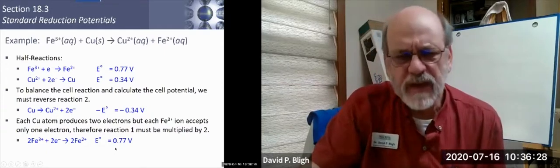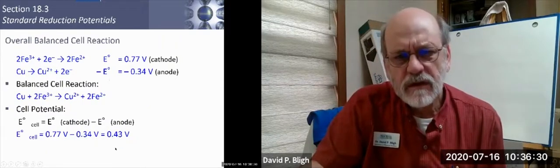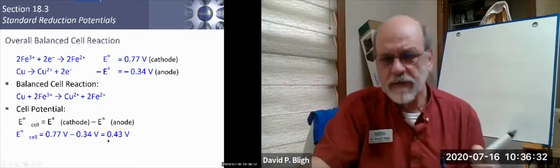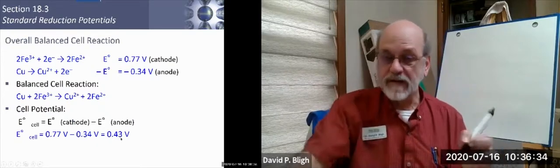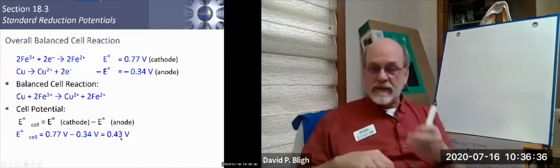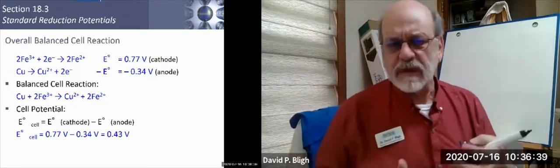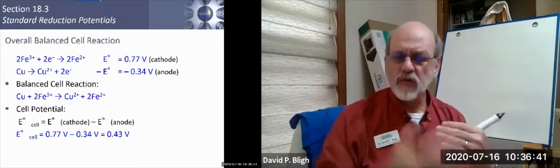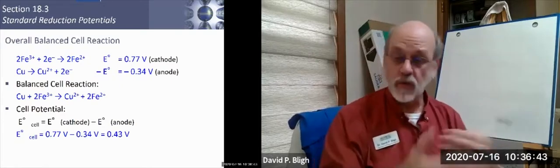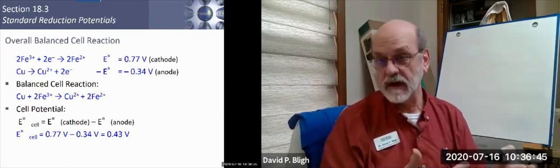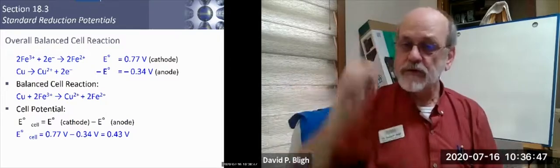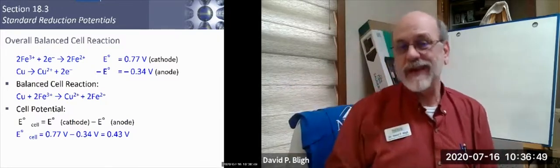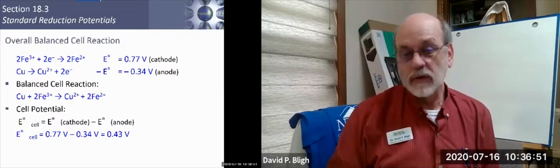Let's see, on the next page, I guess. Here we go. All right, so this method helps you determine which one should be the cathode and which one should be the anode. The other way, if you just memorize the formula, you may get it wrong the first time, which is okay.